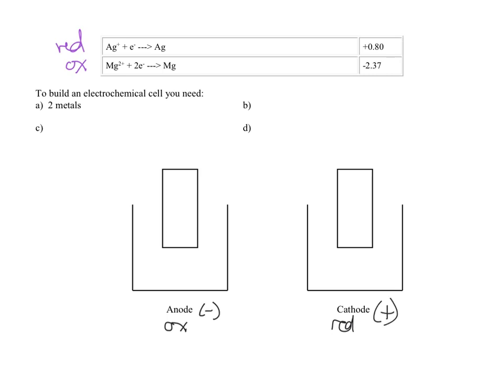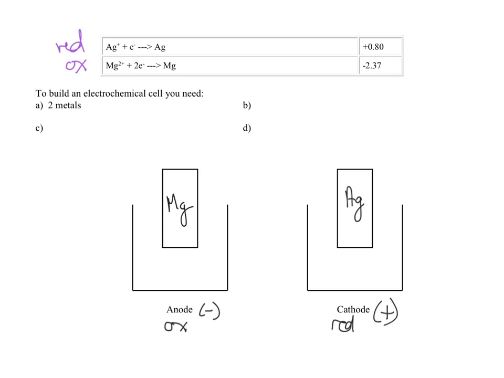And so we talked about silver is going to be reduced, so that means that is at the cathode where the reduction occurs. And so this is a piece of silver. The magnesium is being oxidized, so that would be at the anode where oxidation occurs. So this is a piece of magnesium. So you put the two metals in there.